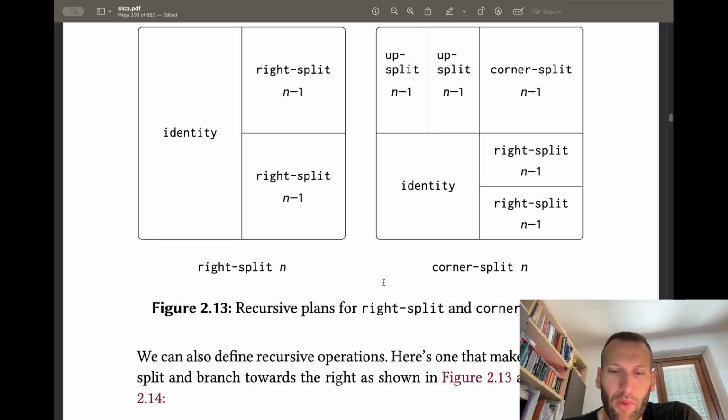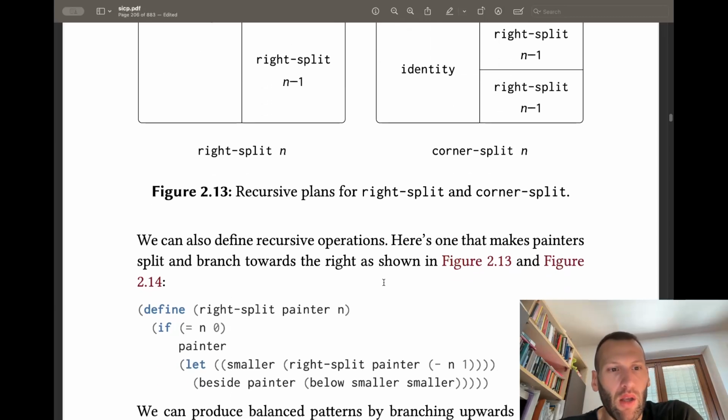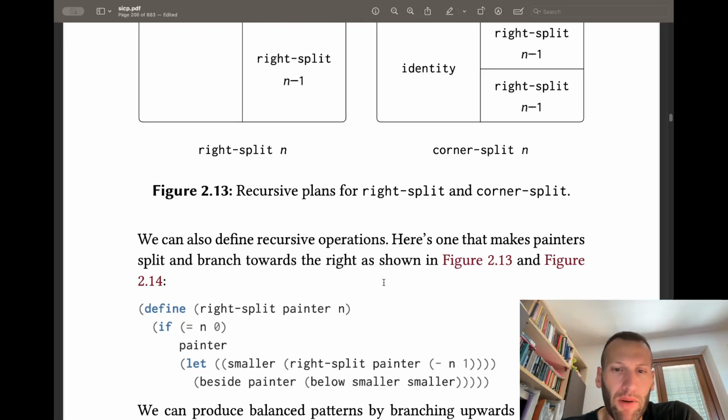Recursive plans for right split and corner split. We can also define recursive operations. Here's one that makes painters split and branch towards the right, as shown in figure 2.13 and figure 2.14.